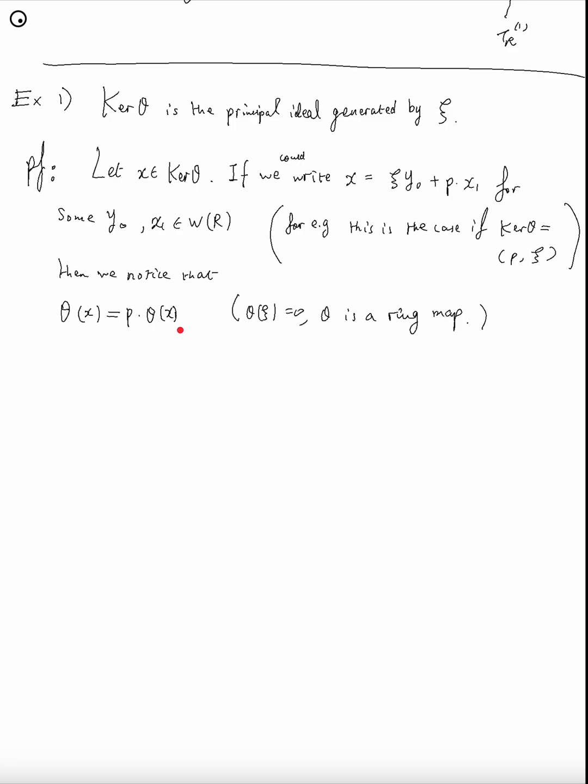So theta of x is p times theta of x1, and this must be 0 because x is in the kernel.